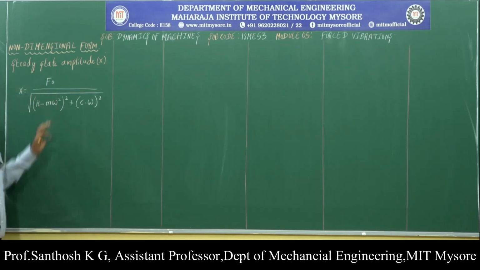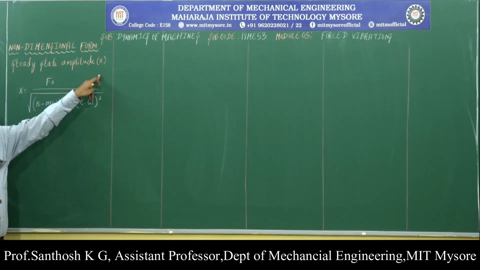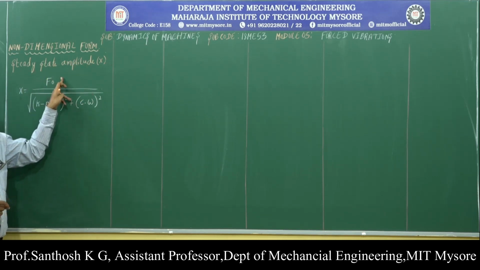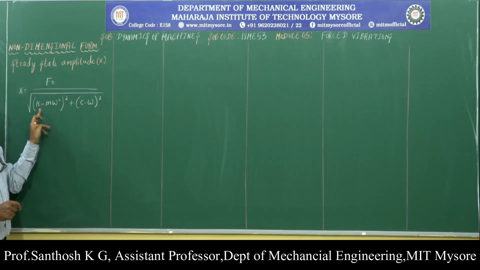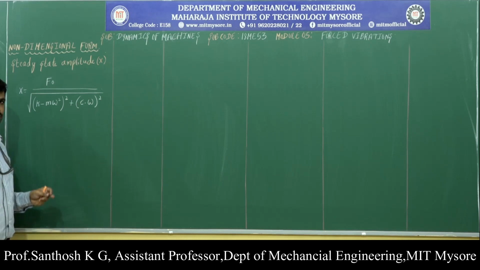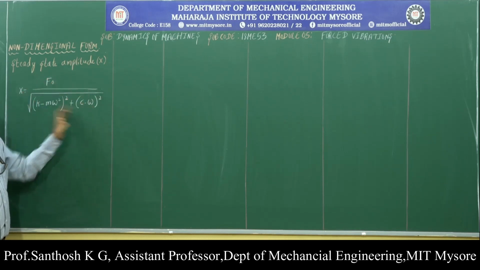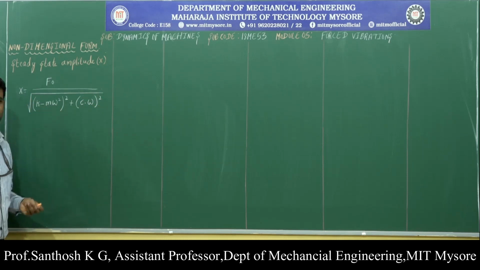If you observe this equation, the steady state amplitude X depends on F naught, k, m, c as well as omega, and it is difficult to interpret how the value of X is going to vary with respect to all the terms.